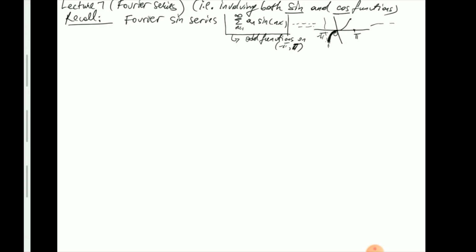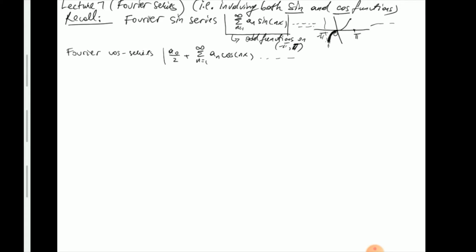And consequently, if you talked about a Fourier cosine series, which, to use the notation that we have in the formula, looks like a constant outside the summation, and then summation from 1 to infinity, a_n cosine of nx. And remember, the reason we have that constant outside in the form of a naught over 2 is for convenience with the formula.